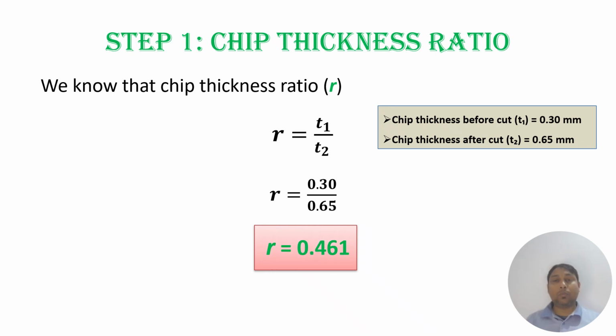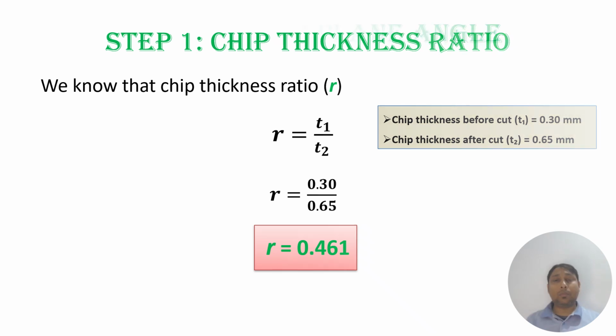One thing you have to remember: the value of r is always less than 1. If you get greater than 1, then you have made some mistake, or you have swapped T2 and T1. So always check the value of r. If it is less than 1, then there is no problem.